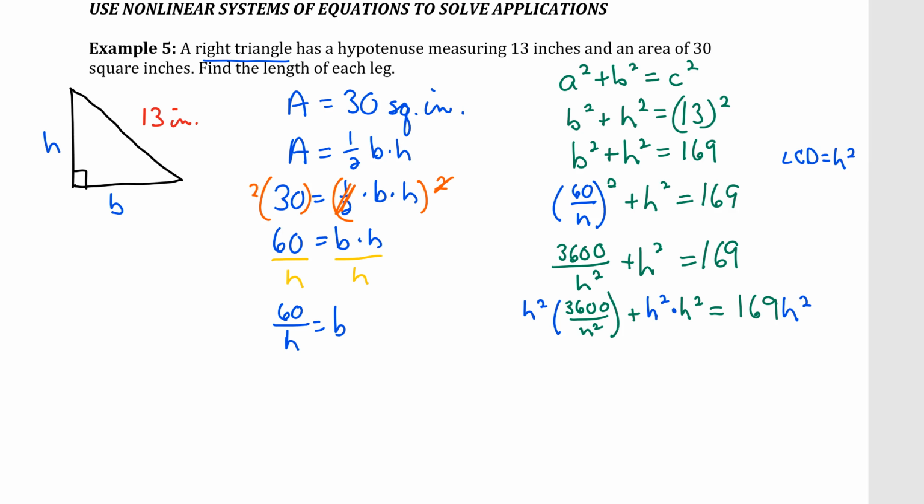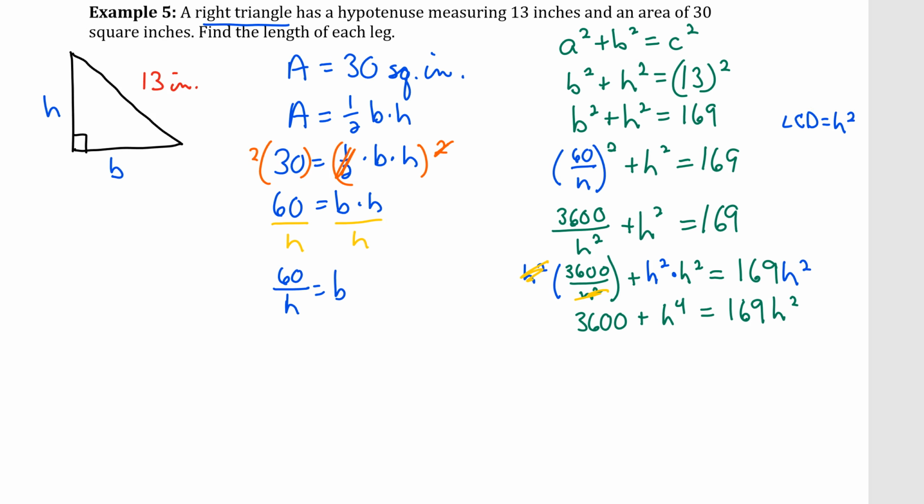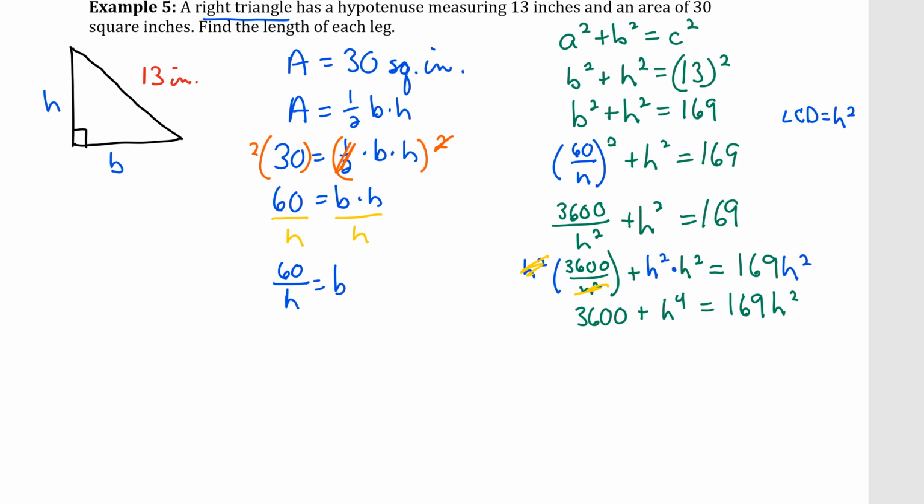Remember what happens? These cancel, which leaves me with 3,600 plus an h to the 4th is equal to 169 h squared. I need to get everything to one side of my equal sign, so I'm going to subtract this 169 h squared, so it's going to be h to the 4th minus 169 h squared plus 3,600 equals 0.